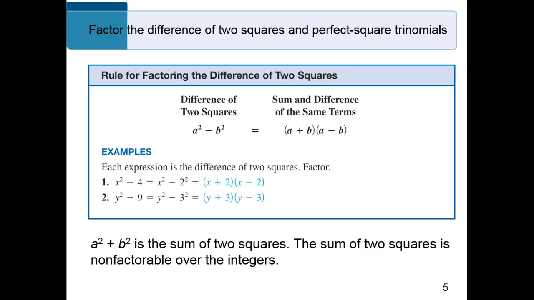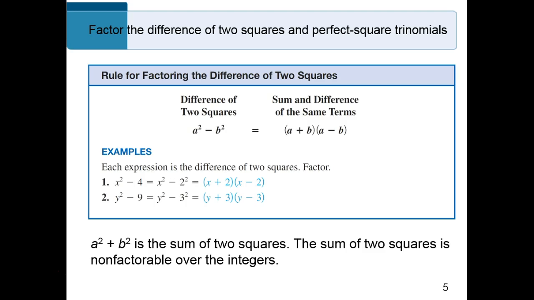So let's do a couple of examples. Write down x squared minus 4. Is that a difference of two perfect squares? Yes, it is. This is the square of x, and that's the square of 2.